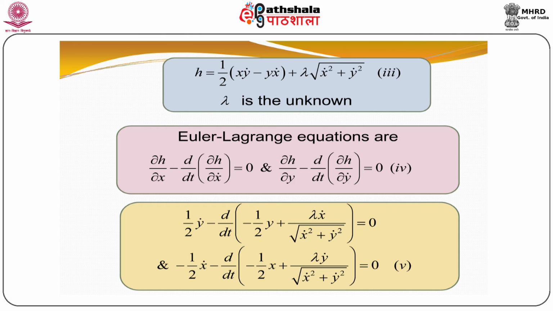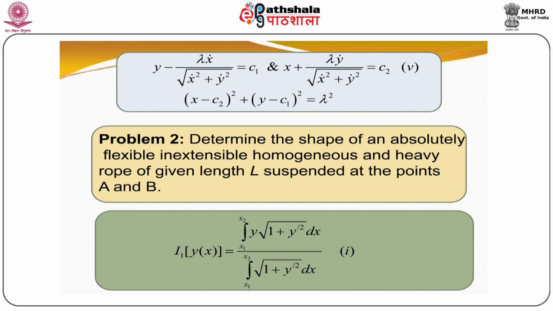From this equation, we can get y minus C1 and x minus C2, and after getting this one and this one, if we square it and then add these two, we get (x minus C2) whole square plus (y minus C1) whole square equal to lambda square, which is the equation of a circle.